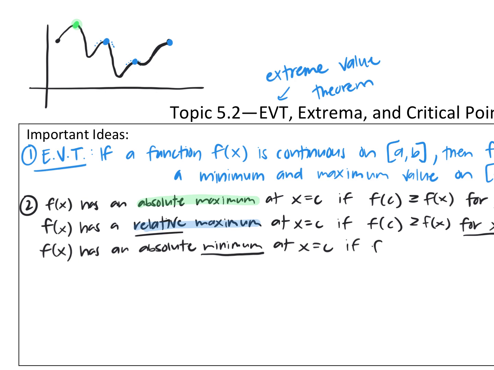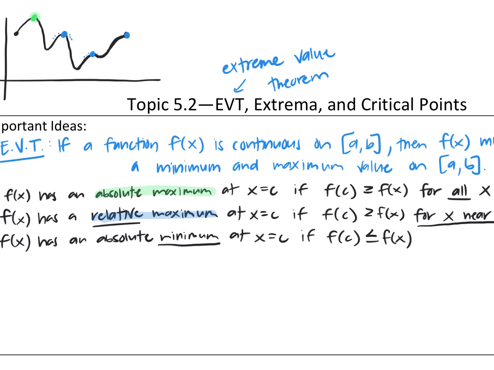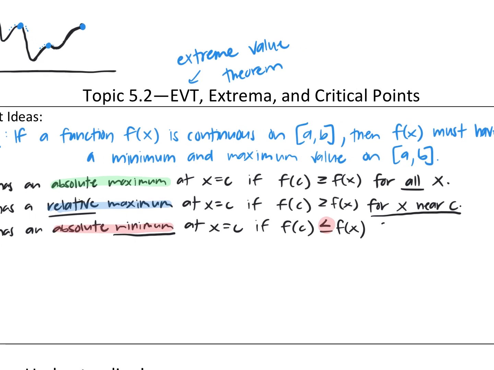If f of c, now my y values have to be less than, so I need to change that symbol to be less than or equal to f of x, and we can keep for all x.